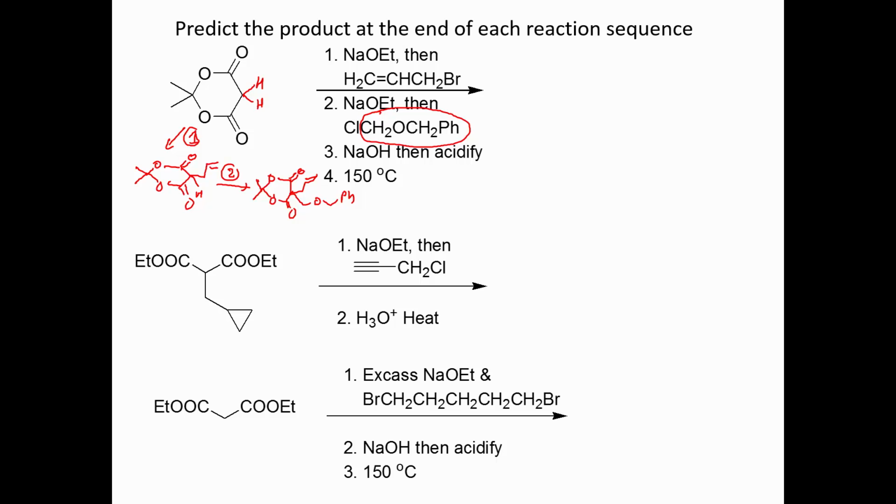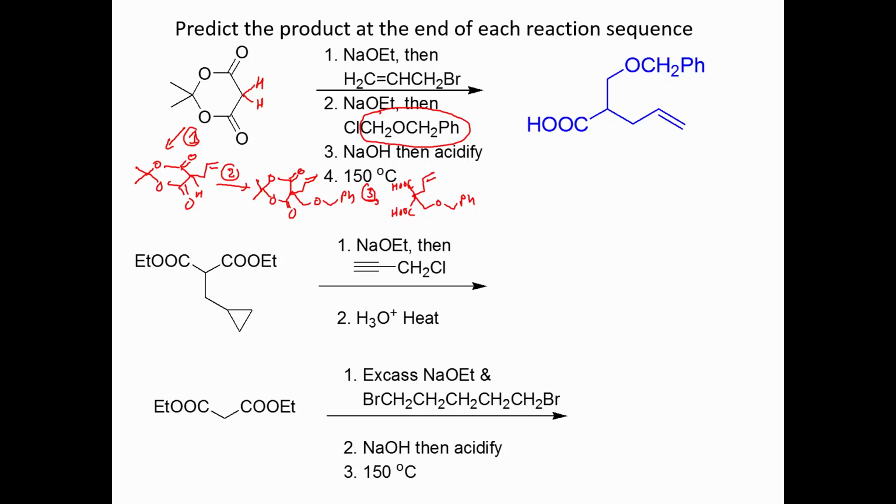Then we're going to do an ester hydrolysis. This is a cyclic ester, or a lactone, but it'll hydrolyze just like an ester. Okay, we'll just look at step 3 here. So you get that dicarboxylic acid and then heat it to a high temperature and blow out CO2. And this is what you would end up with right here, shown in blue.